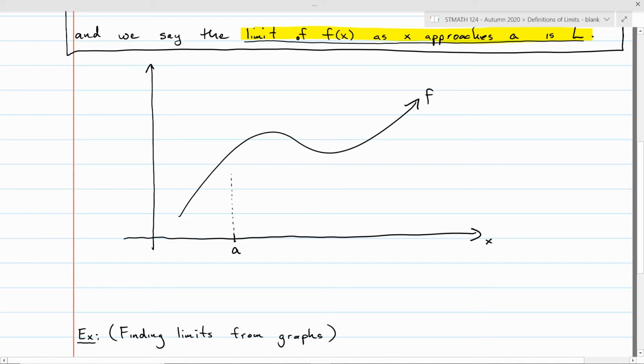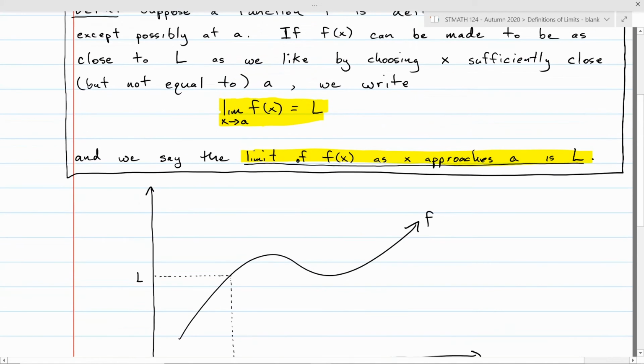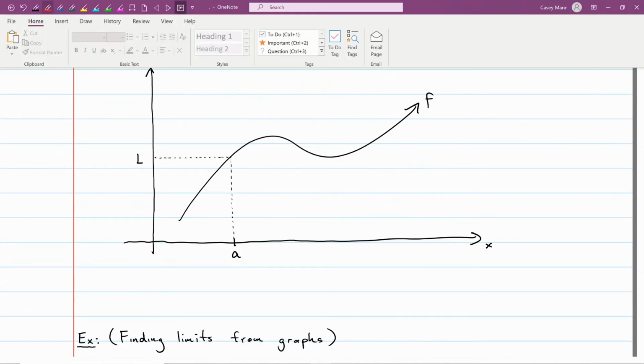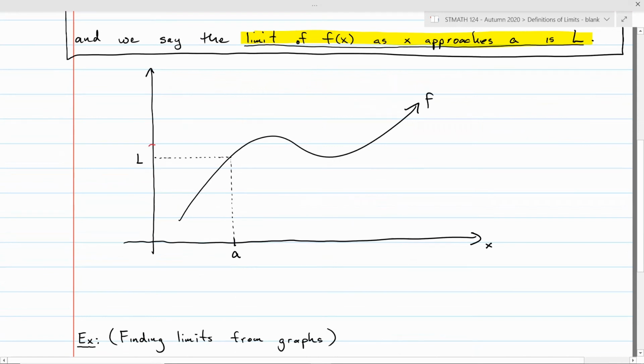Now, if this function has a limit equal to L, then you can see that graphically. That'll be what the y value is on the graph there, if there is a y value at that point. And the idea in that definition is that we can make f of x as close to L as we want. If we take some target area around L there in red, so we're saying we want to be that close to L, then we can find the x values that will fall into that target.